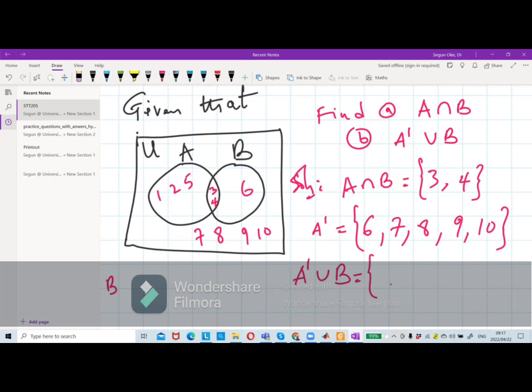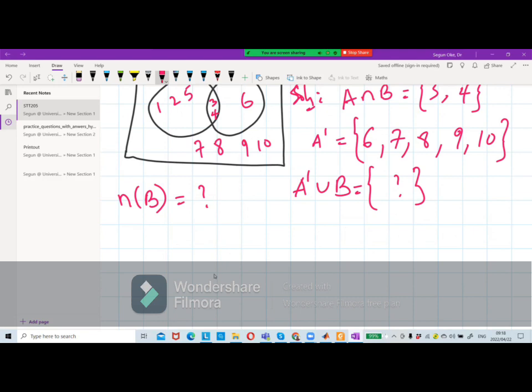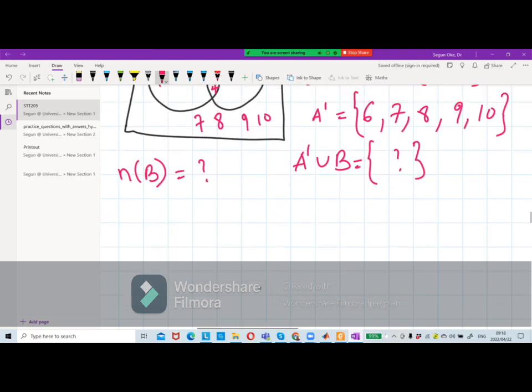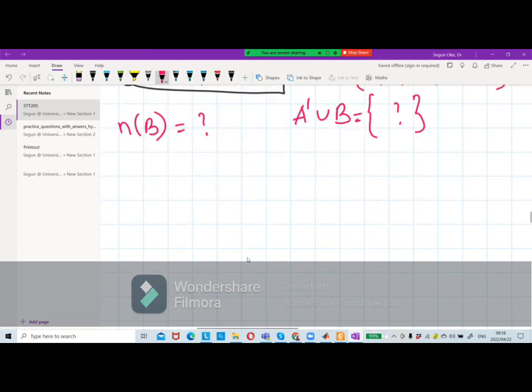You define your B the way we define A, solve it, and find the solution to this. All you need to do is to find B and find the union between the two.